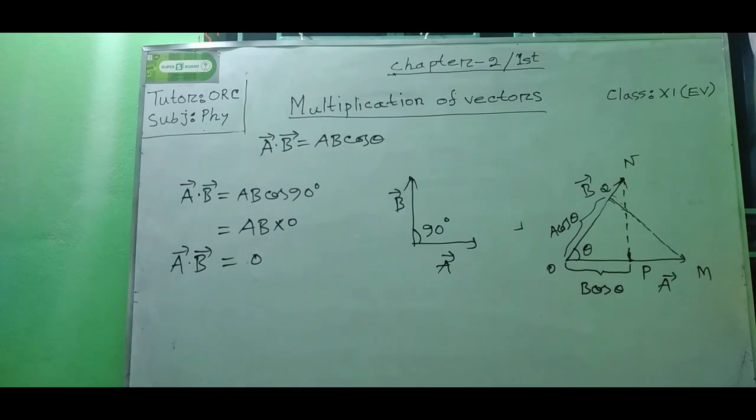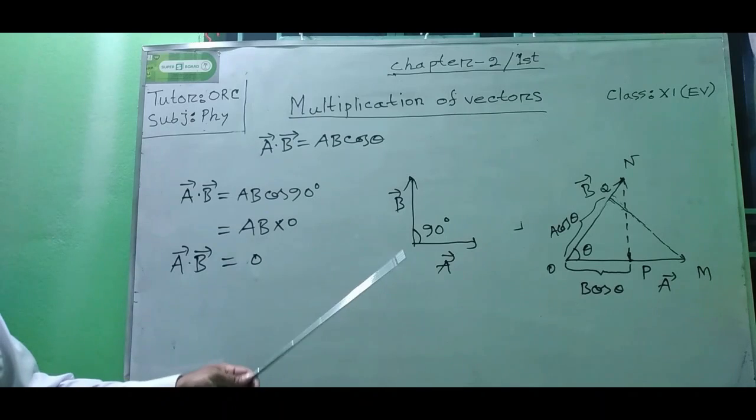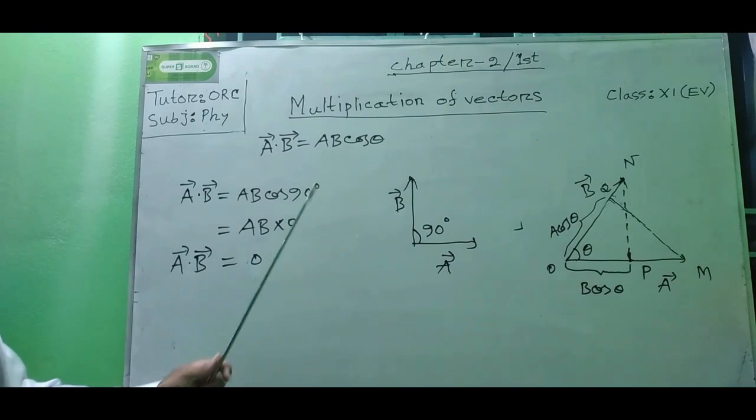The question may give values and ask whether those two vectors are perpendicular to each other or not, and to explain it. Then we multiply in this way, and if the resultant of the dot product becomes 0, we can easily say those two vectors are perpendicular to each other.